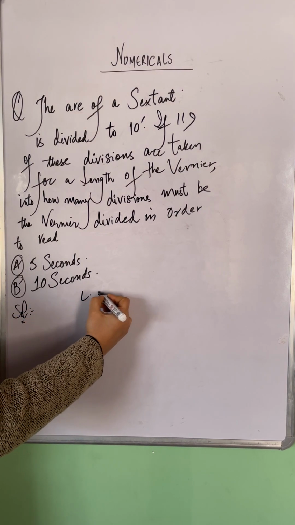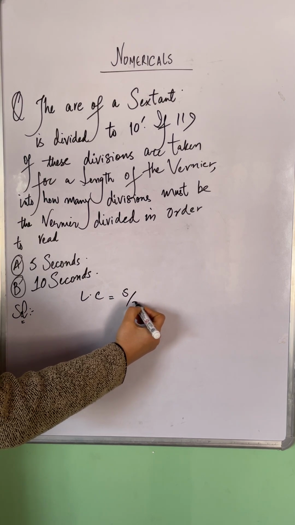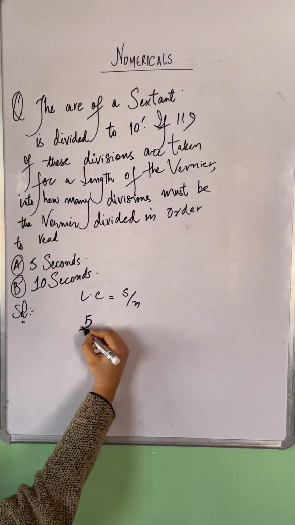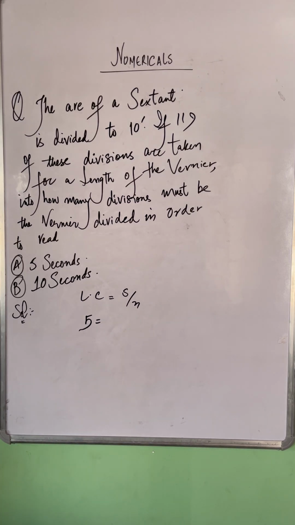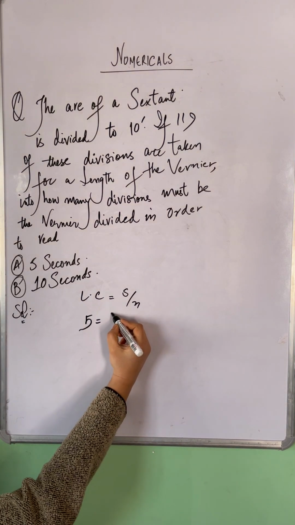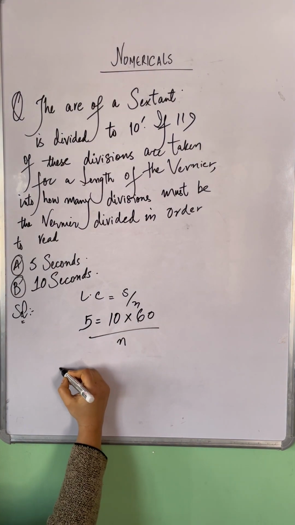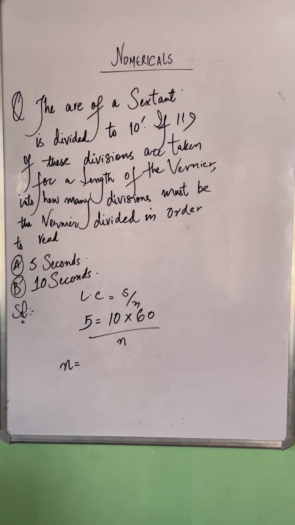My least count is S by N. What is my least count? 5 seconds. What is my S? The arc of a sextant is divided into 10 minutes. My S is 10, I'll convert it into seconds. And my N, by calculations, will come equivalent to 120.